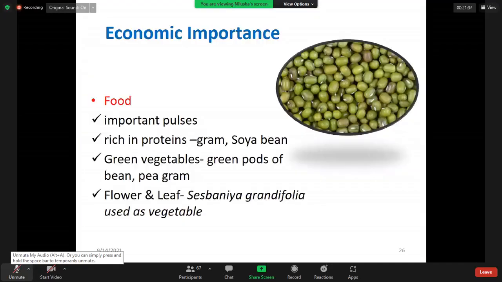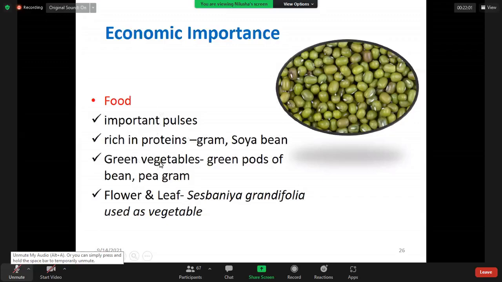Now we will see about the economic importance. This part is also very important for your exam, because Fabaceae family crops are very important as food. I think I explained that these family crops are important pulses.